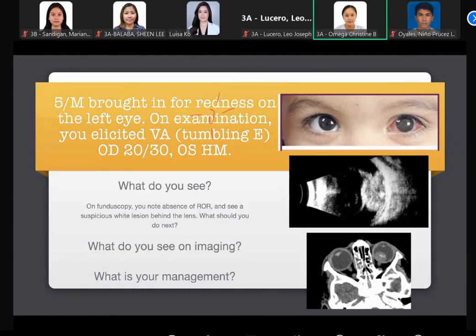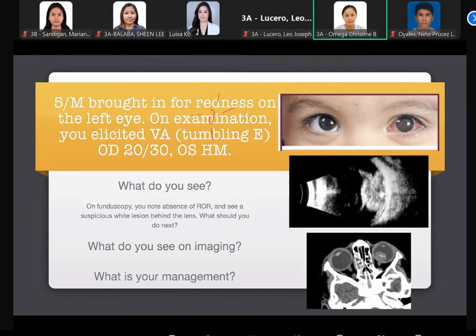Removal of the affected eye, Doc. Why? So when you propose a surgical management, especially something like this, because it's disfiguring and it causes a disability, you have to know your indication and defend your management.